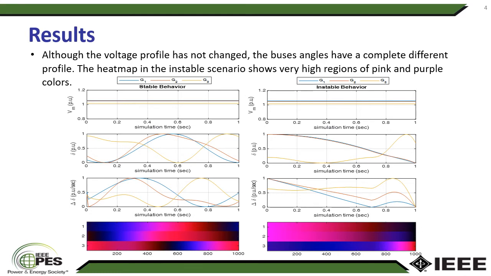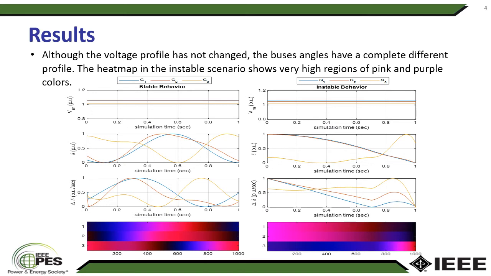So if we merge the three graphs representing magnitude, angles, and angle deviations, we are able to generate a red, green, blue image, an RGB image, which is the fourth image below all the graphs. This is what we call the heat map representing the system.